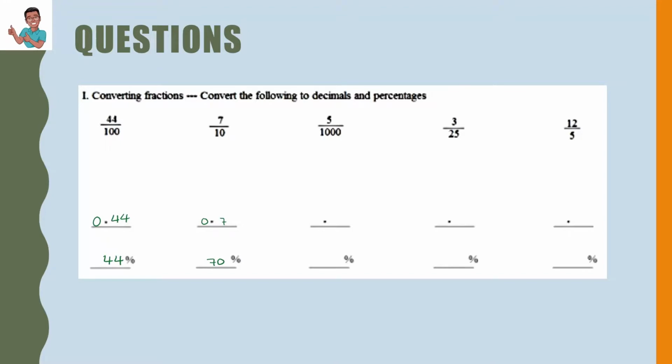For 5 over 1000, the answer would be 0.005 and the percentage would be 0.5. For 3 over 25, the decimal would be 0.12 and the percentage would be 12. For 12 over 5, the decimal would be 2.4 and the percentage would be 240.